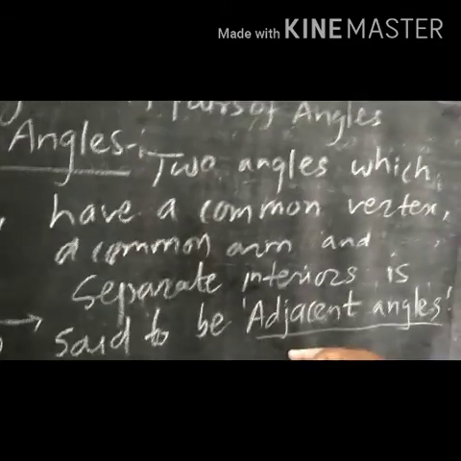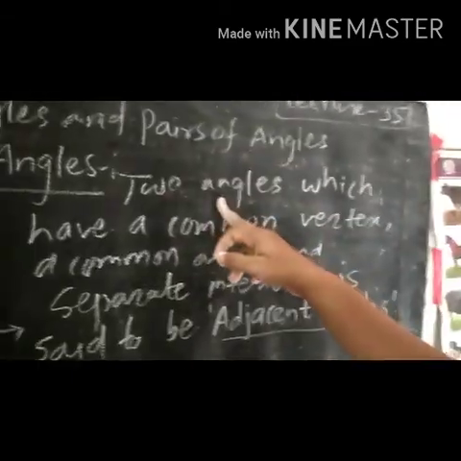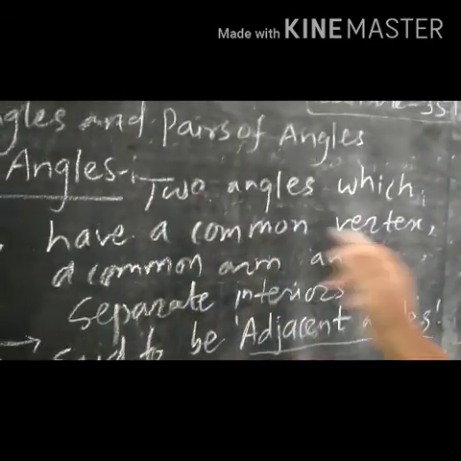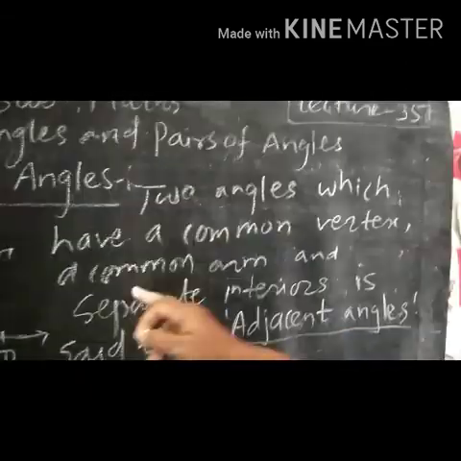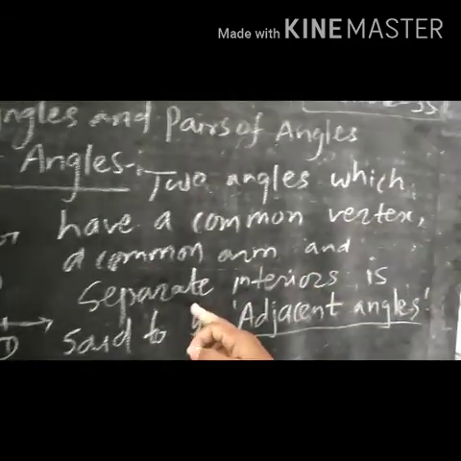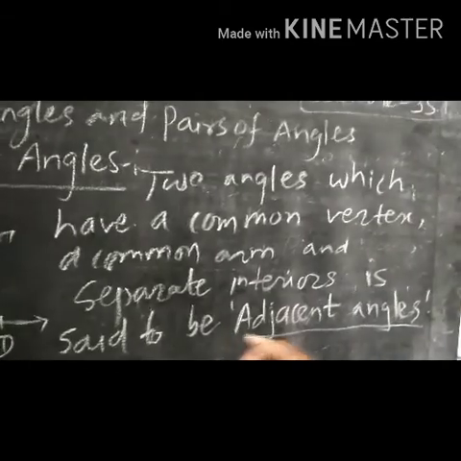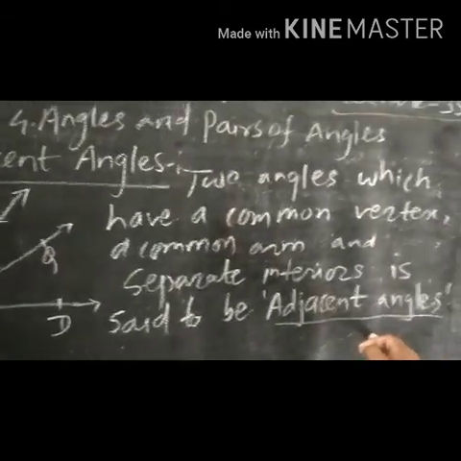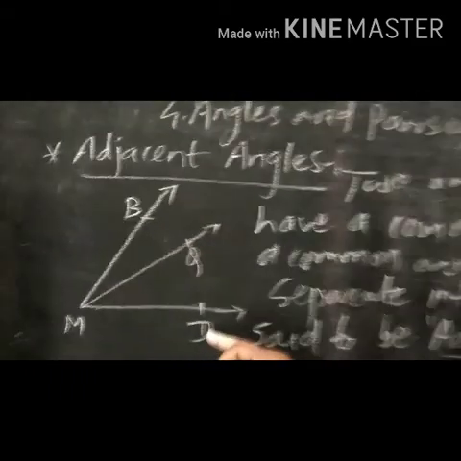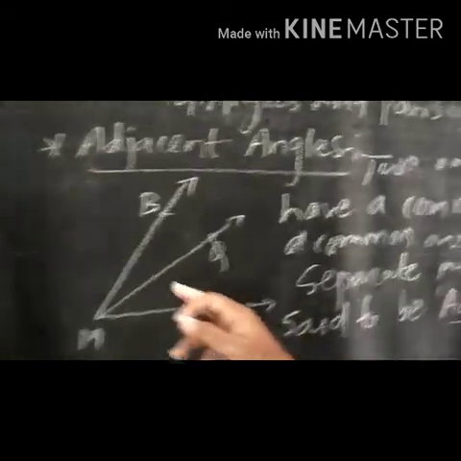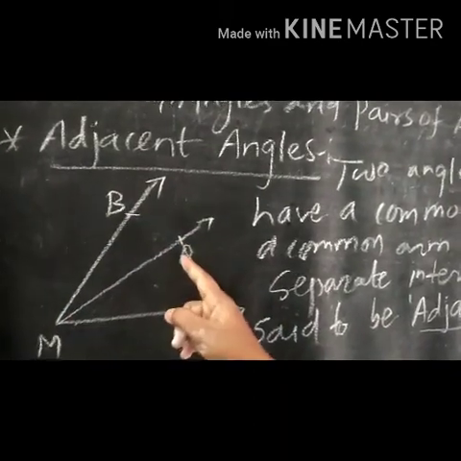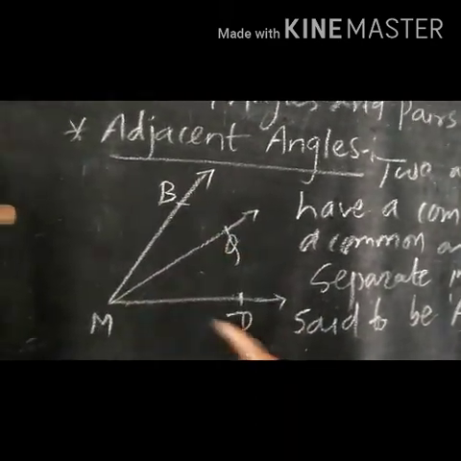Again, see the definition of adjacent angles. Two angles which have a common vertex, a common arm and separate interiors is said to be adjacent angles. So let us see figure alongside. So here we have two angles, angle BMQ and angle QMD.